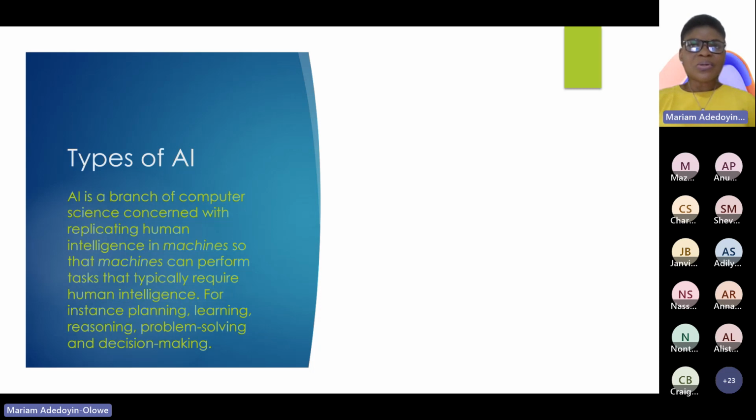So, for example, planning, learning, reasoning, problem solving, as well as decision making processes. So that, simply put, is a good definition of AI.